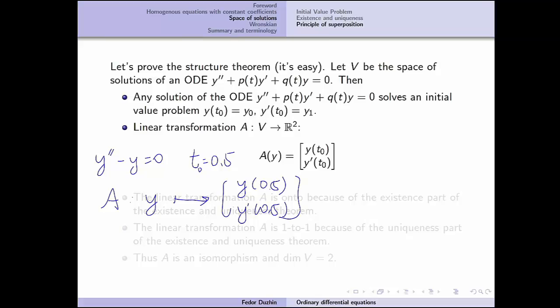For example, A of, say, 2 e to the t plus e to the minus t would be the following vector.